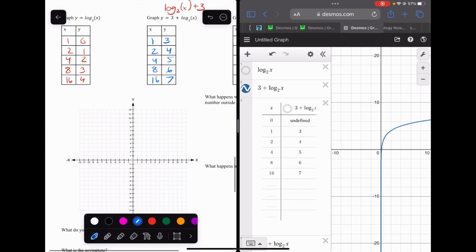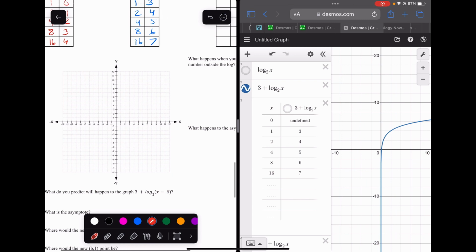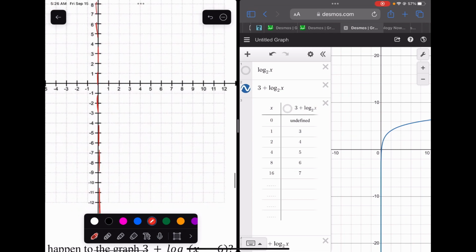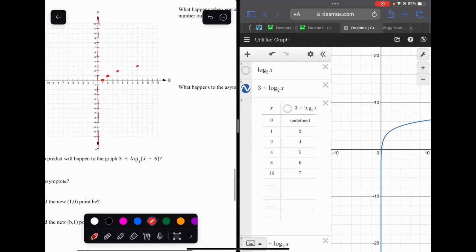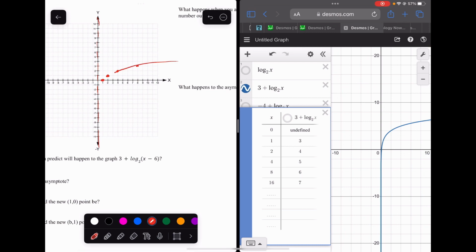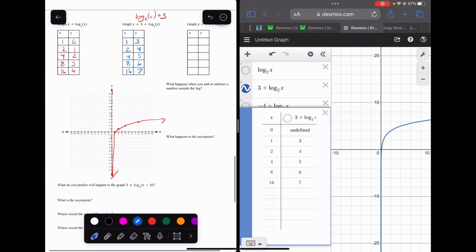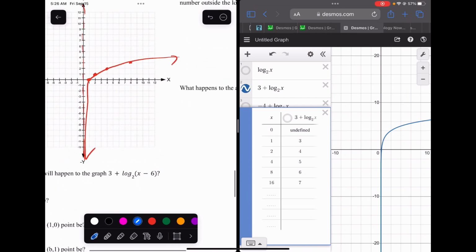All right. And, oh, I forgot to graph my parent. Nuts. Let's do that. And then we get (1, 0), (2, 1), (4, 2), and (8, 3). That was our original. All right, and now we've got our new one here, which we said is (1, 3).